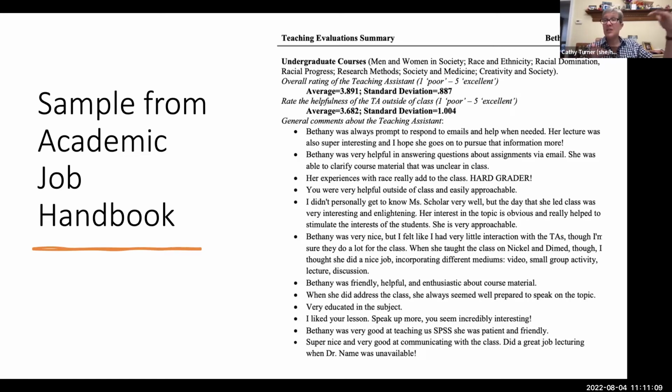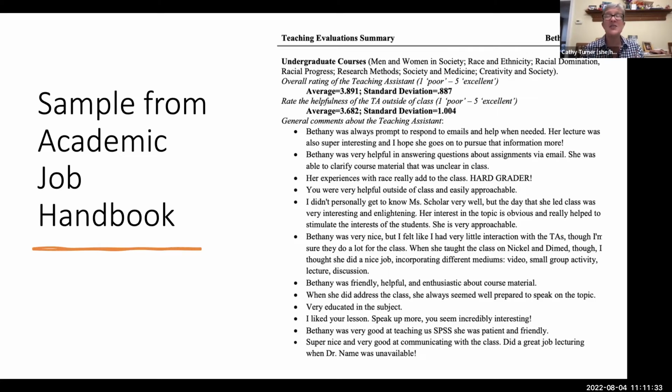This would be the cover page from this person, Bethany Scholar. And as you can see, she's TA'd for a bunch of different undergraduate classes, and she provides an average across all of the different classes. She doesn't talk in any detail about how she created that average. She may have just taken all 6 classes, taken their average and divided by 6.